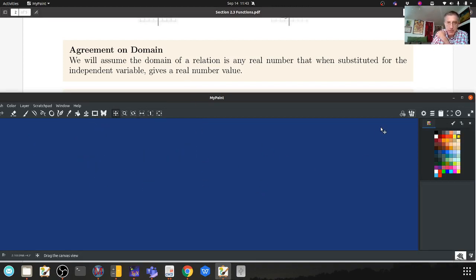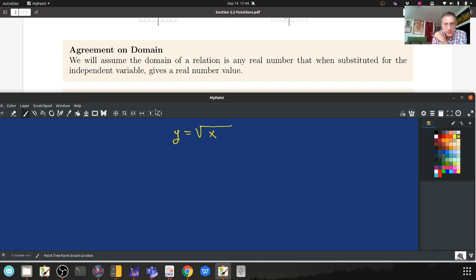So I'm going to give you a relation that's also going to be a function, f of x, sorry, getting ahead of myself. It's going to be defined by a rule: y is equal to the square root of x.